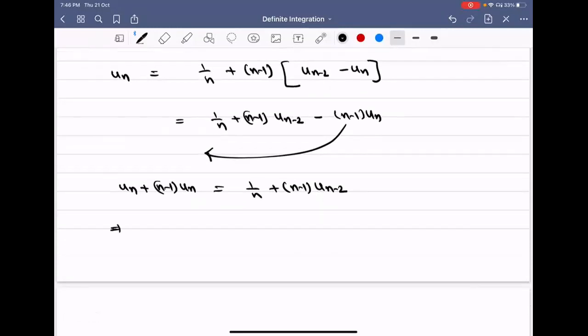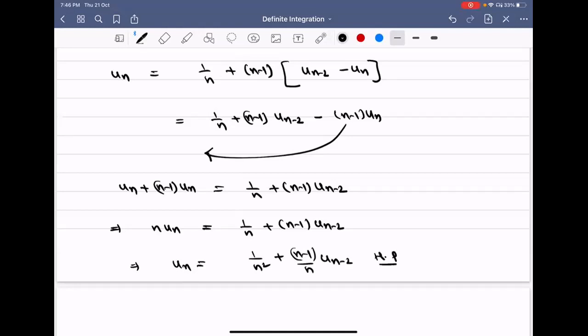So this is n into Un is equal to 1 by n plus n minus 1 Un minus 2. So from here Un is equal to 1 by n square plus n minus 1 by n into Un minus 2. So this is our required result, hence proved.